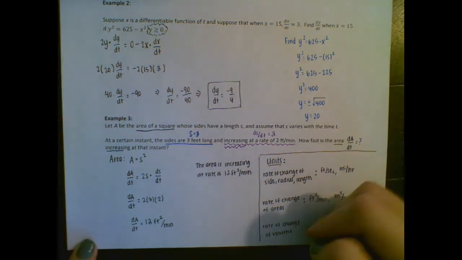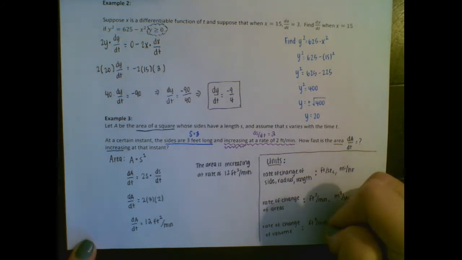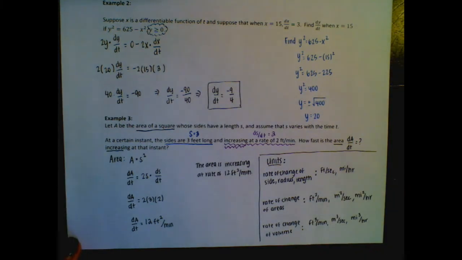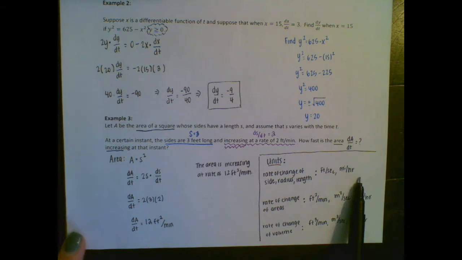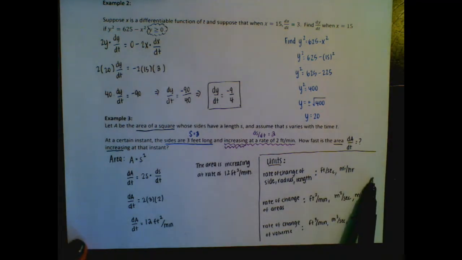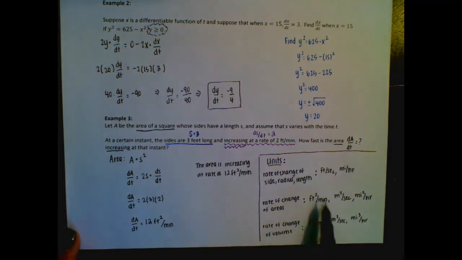So examples of that would be feet cubed per minute, or meters cubed per second, or miles cubed per hour. So those are just key things to keep in mind. Anytime you're talking about a rate of change of a length, it's always feet per second, miles per hour, meters per minute, whatever it is. Rate of change of areas, you have squares. Rate of change of volumes, you have cubes. So keep that in mind as we're going through those other examples.